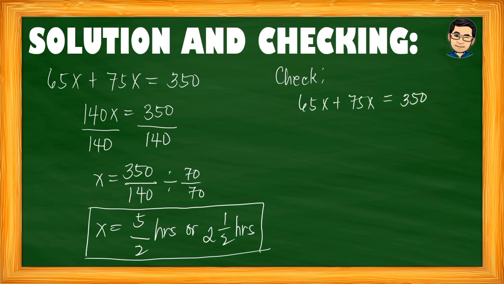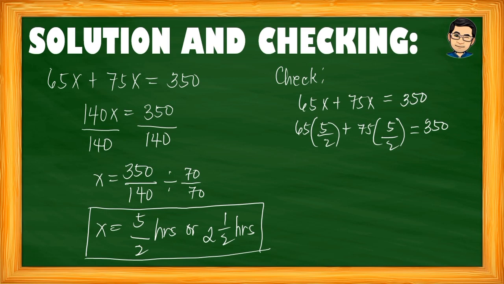So, sasubstitute natin yung value of x, which is 5 over 2. So, 65 times 5 over 2 plus 75 times 5 over 2 is equal to 350.